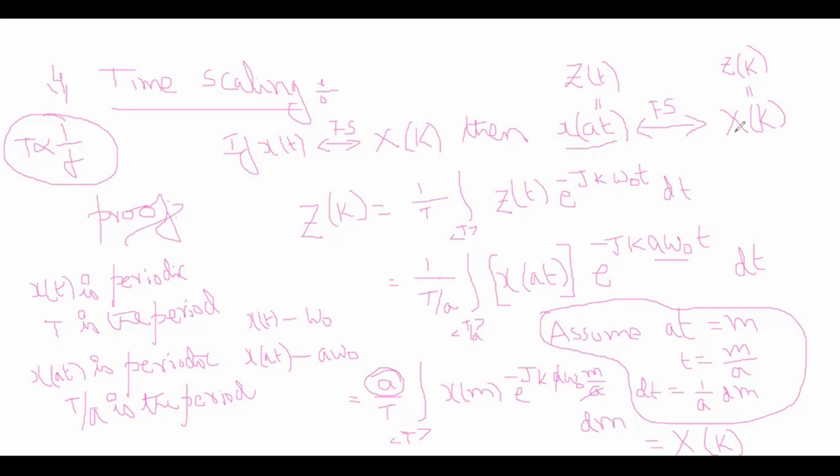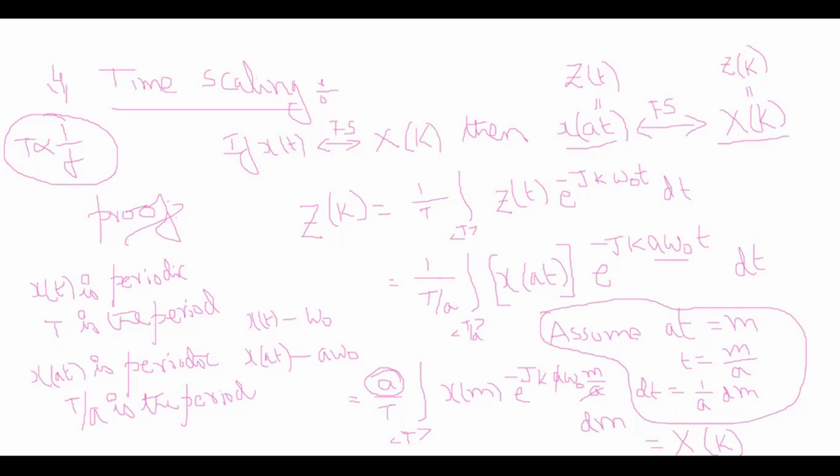For x of at, the scaling of time, applying the Fourier series, you get X of k only.